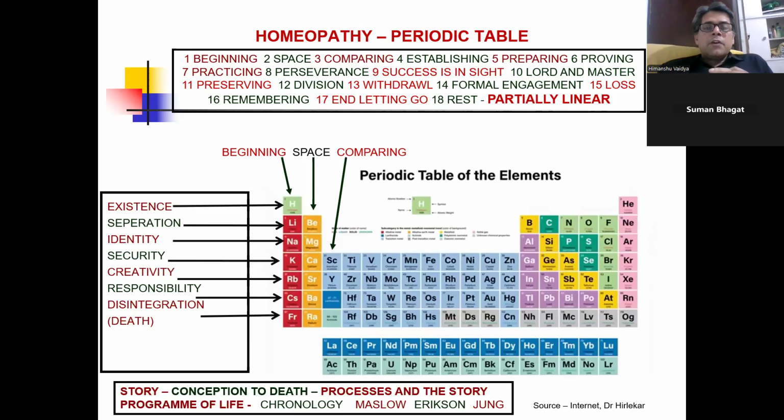So let us look at the periodic table. Given here is row wise what homeopathy says, column wise what homeopathy says. Now, what do we get from the split in terms of the periodic table?